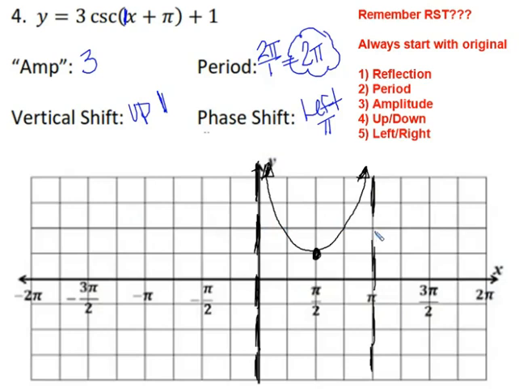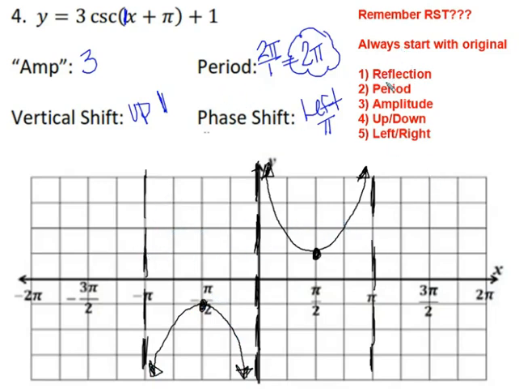Since this one is already to the right side, I might graph the one over here, just so my original graph is somewhere in the middle of my coordinate system. But again, it does not matter where you plot it. So here's the other piece of our cosecant graph, and this is considered one full period.